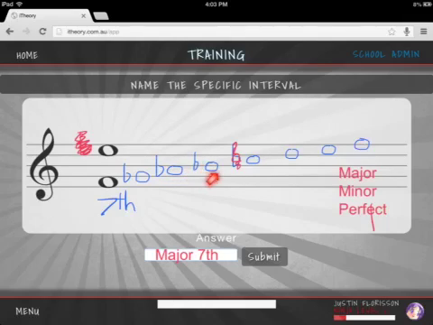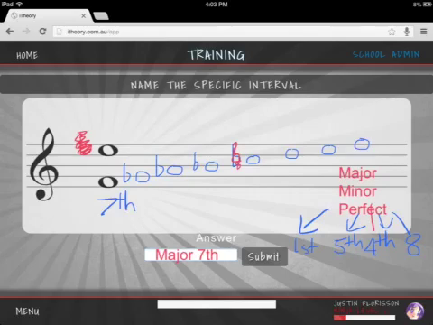Because there's no real minor here, and the same with this one up here, if you did a minor eighth, you'd end up on E, which doesn't really exist. It's already a major seventh. Because there's no minor, we call them perfect. So perfects are firsts, fifths, fourths, and eighths. So if it's those numbers, it's just perfect. And all the rest of the numbers you have to work out from the major scale.